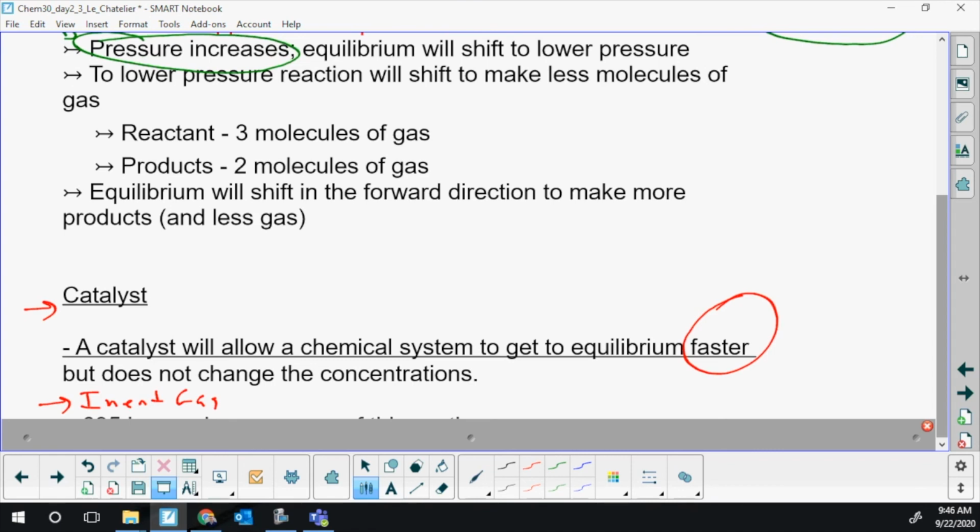There's a certain pressure of oxygen in this room. If I pumped in some more argon, the total pressure in this room would go up, but the pressure of just the oxygen would stay the same. So if there's 20 psi, pounds per square inch, of oxygen, and I pump in 5 psi of argon, the total might go up to 25, but you still have 20 of the oxygen. The pressure of the gases that are actually reacting doesn't change.